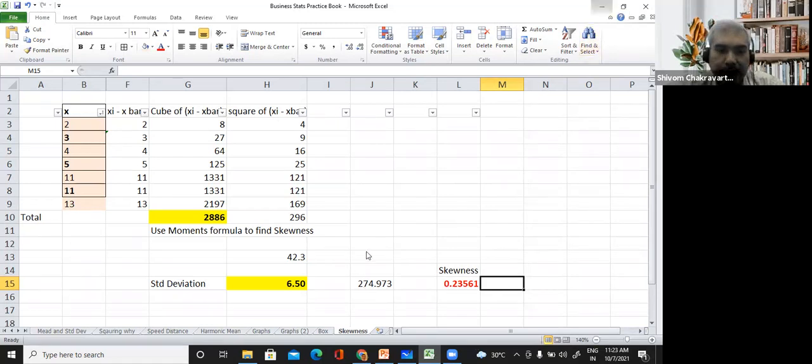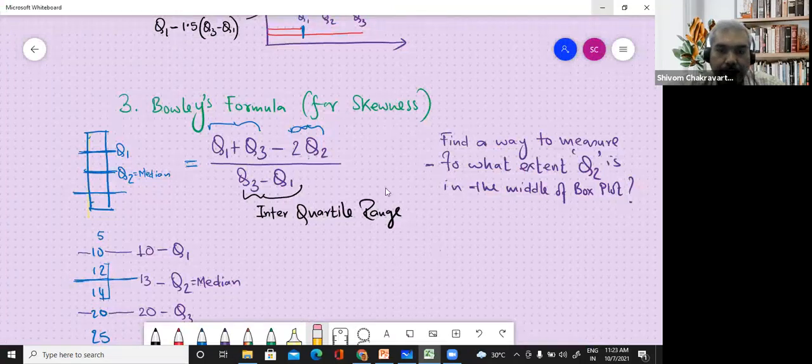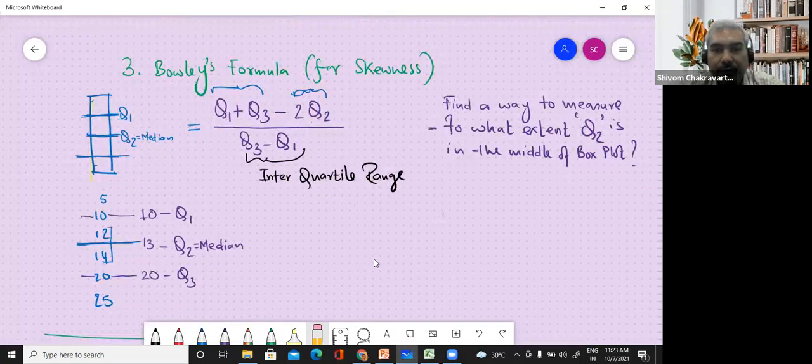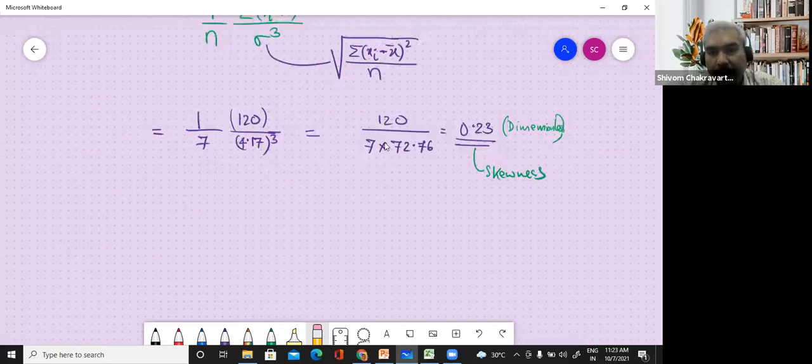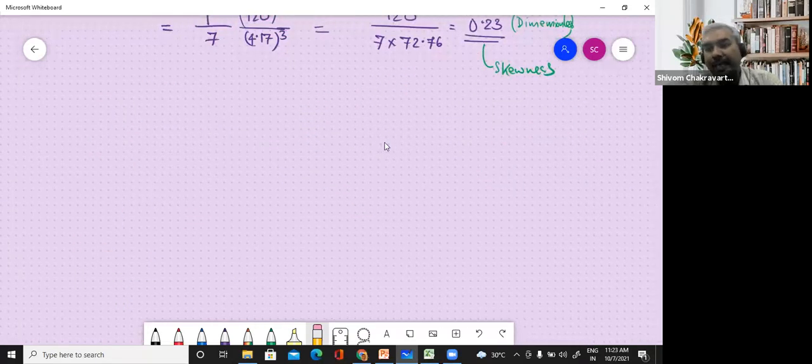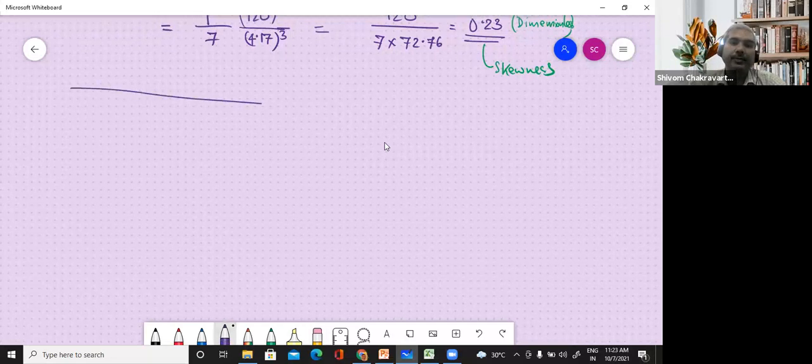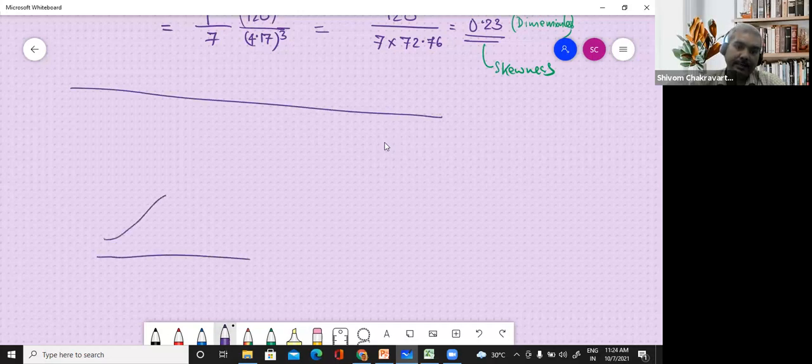Now coming to kurtosis. Kurtosis, in rough language, defines the peakedness of data. Suppose one data set's frequency distribution is like this, and the other data set is like this.